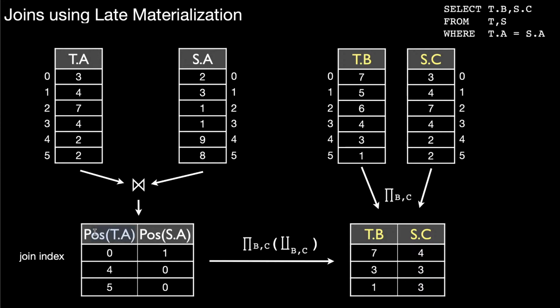So here we have two entries, positions from T.A and positions from S.A. So this says the tuple at row ID 0, at index 0, matches with a tuple from S at position 1. So if you look at the data here, we have a 3 here and a 3 here. Those two match. That's the join result. And that's basically what we record here.